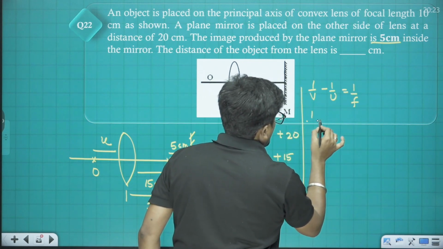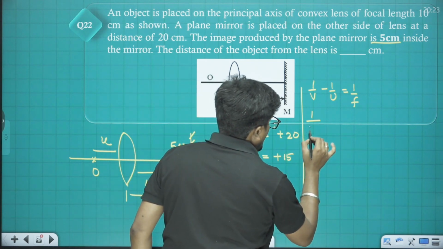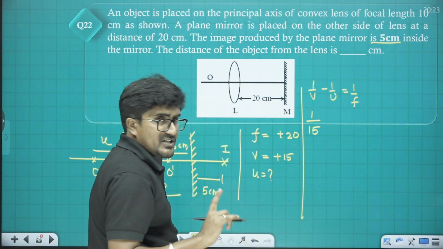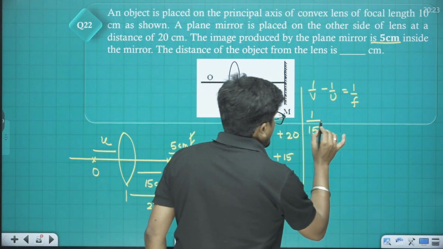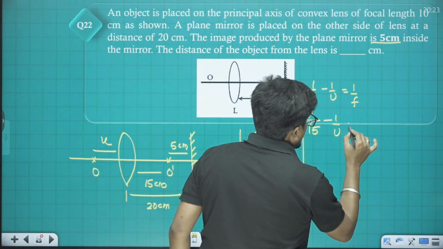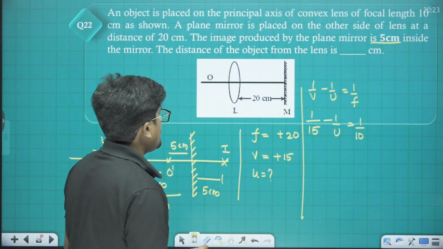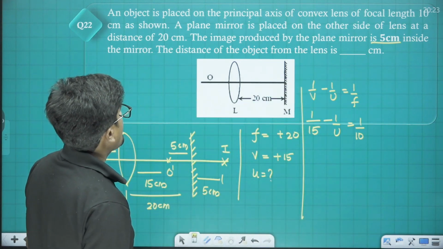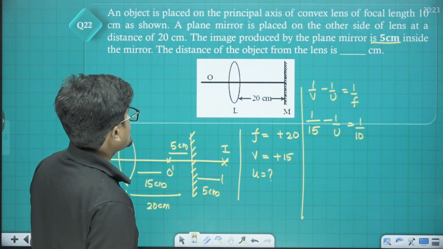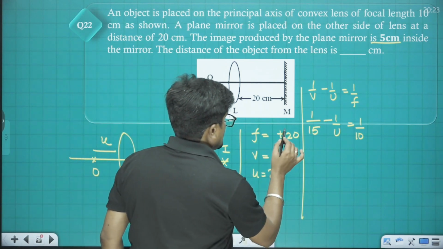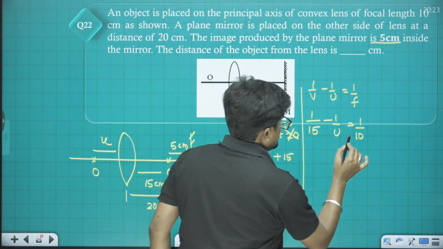Here this is 1 upon, instead of V, we can have it as 15, all measurements are in centimeters, minus 1 by U equal to 1 upon F. F is 20, isn't it? Not F is 20, F is 10.